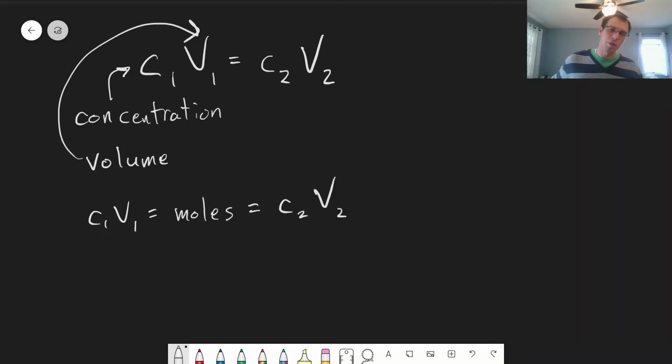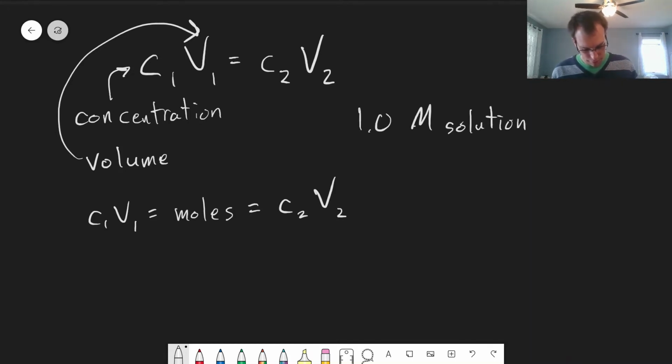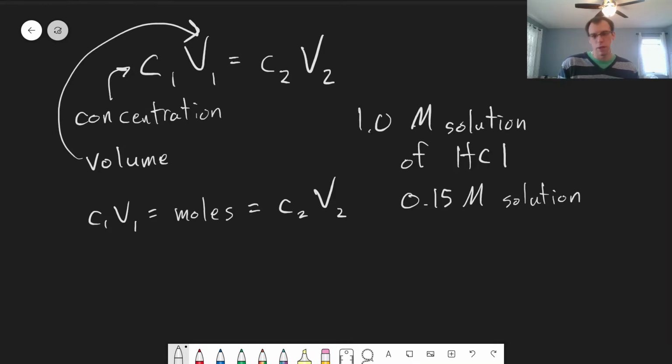So let's do a practical example here. Let's imagine that we have a 1 molar solution of hydrochloric acid, and we need to prepare a 0.15 molar solution of hydrochloric acid. Something like this is pretty common to encounter.